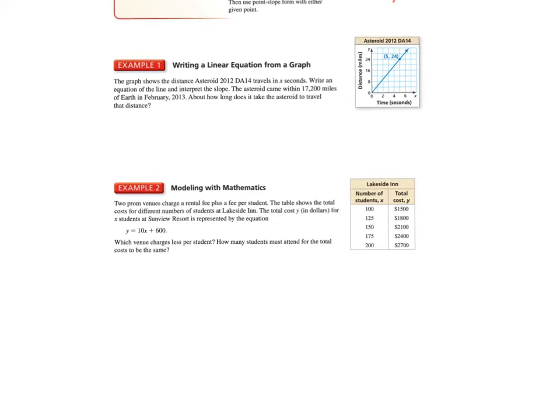So we can figure out slope here. It starts at 0, 0, and it rises 24 feet in 5 seconds. So our slope is 24 over 5, which is approximately 4.8.